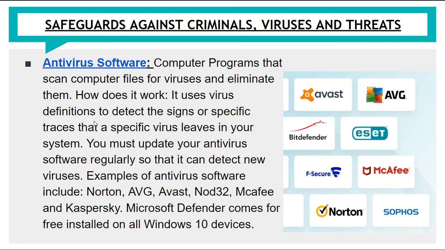It uses virus definitions to detect the signs or specific traces that a specific virus leaves in your system. You need to update your antivirus software regularly so that it can detect new viruses. Examples of antivirus software include Norton, AVG, Avast, NOD32, McAfee, Kaspersky. Microsoft Defender comes for free installed on all Windows 10 devices.